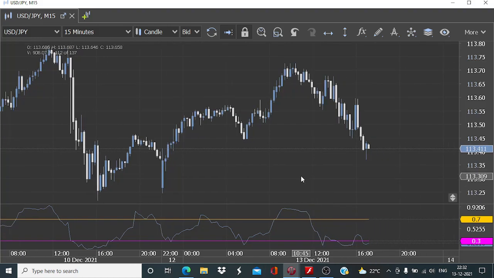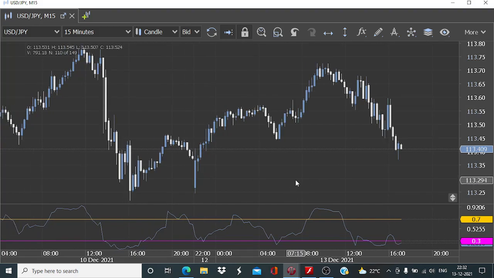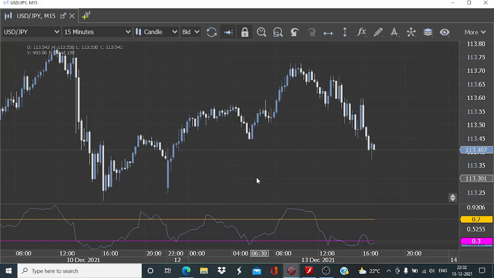And to make sure that we don't really trade against the trend, we are also taking the help of the price action data, and for that we are going to use the get historical candle data.